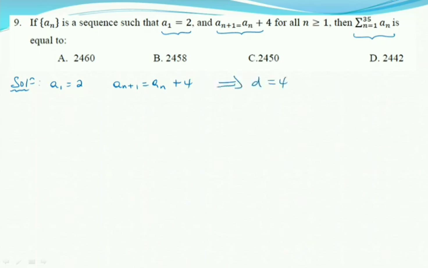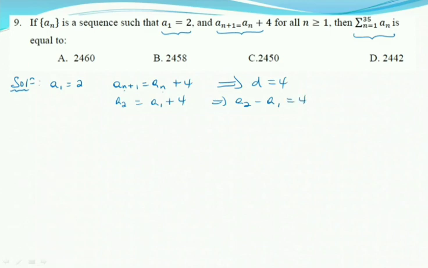You know why here? When you put n equals 1 here, it becomes a2 equals a1 plus 4. So this implies the second term minus the first term is 4.